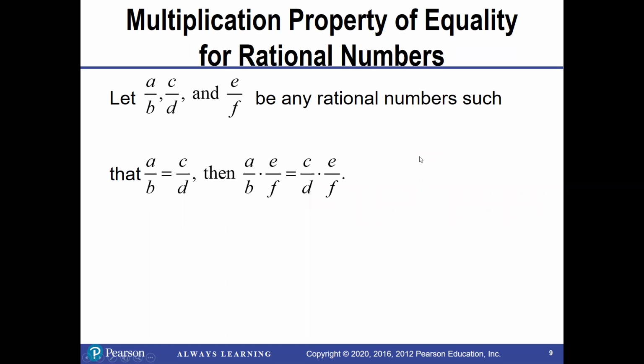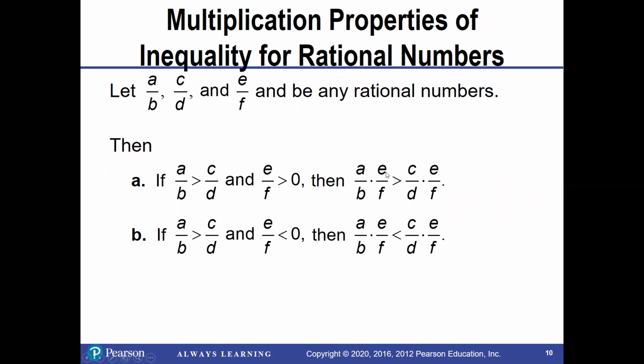The equality property means that if I multiply a rational number to the first rational number and to the other rational number, and the original rational numbers were equal, then the new rational numbers are going to be equal. If I multiply the same thing to both a over b and c over d, you get the same result. The same thing applies with inequalities.